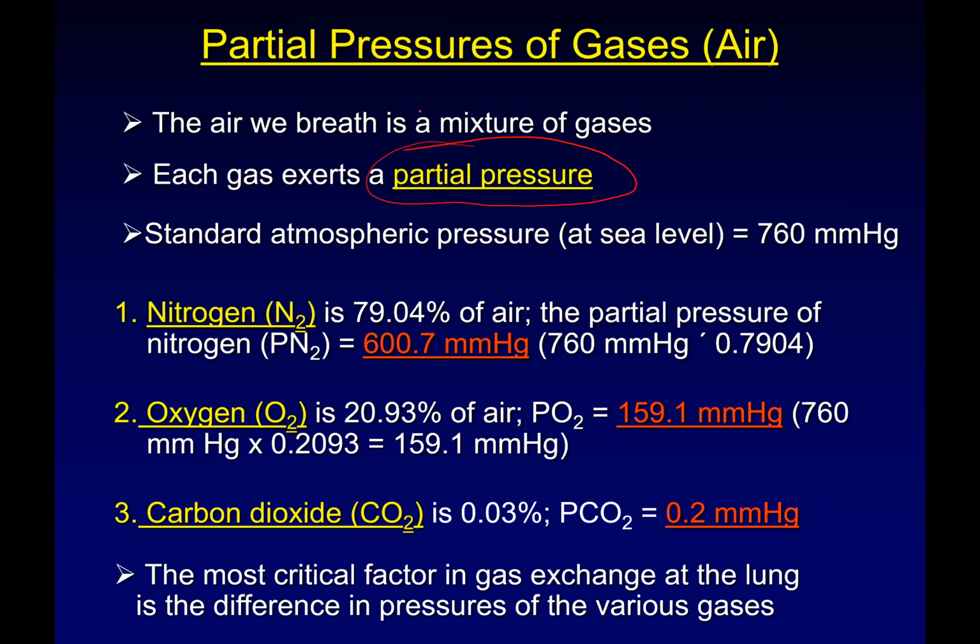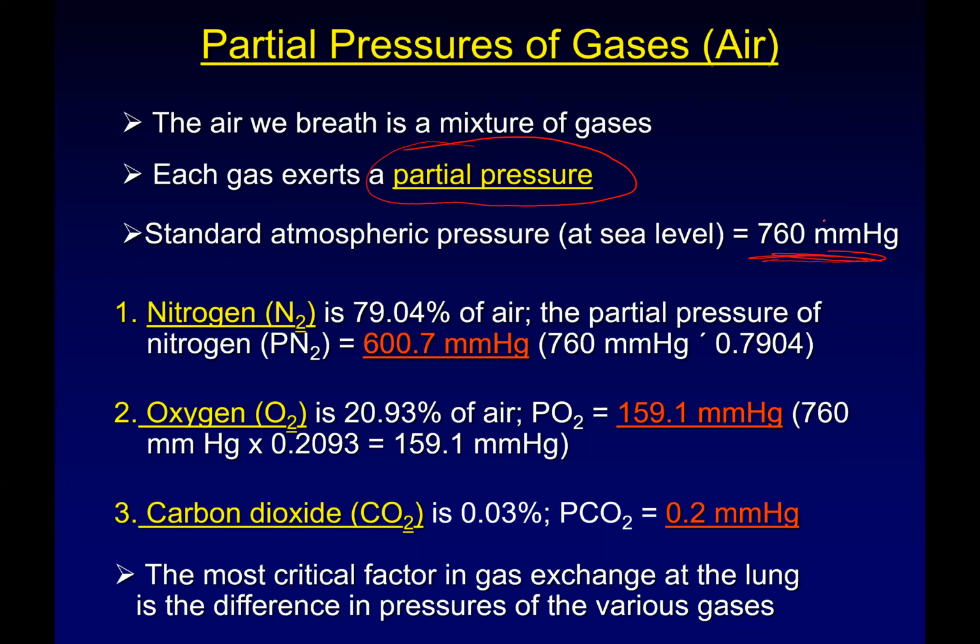So if we know that there is a certain amount of air around us, that air exerts a pressure on us. So if we were at sea level, which in Oklahoma we're not too far from sea level, standard atmospheric air pressure is about 760 millimeters of mercury.